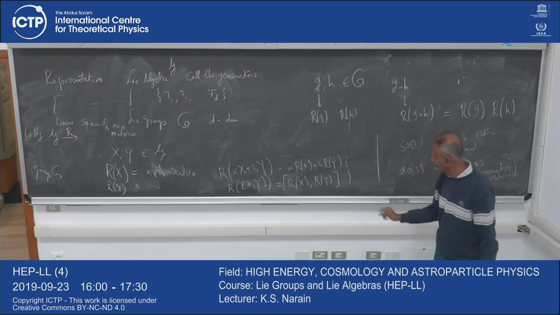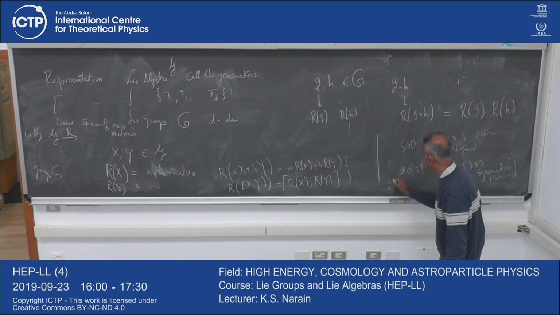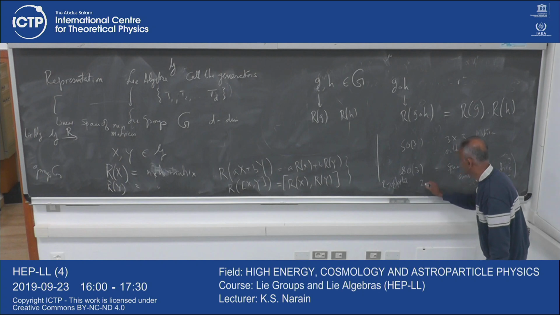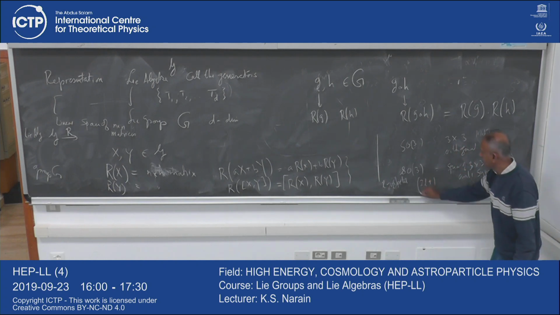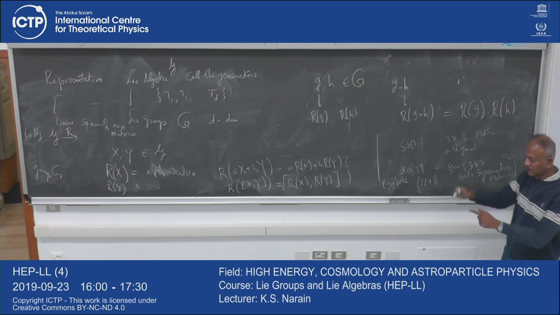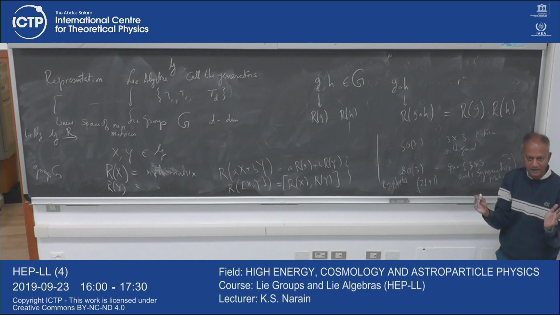Take orbital angular momentum L. Then this is a 2L plus 1 dimensional space, as you know from the quantum mechanics course. So this will be a 2L plus 1 dimensional vector, and the representation will act by 2L plus 1 times 2L plus 1 matrices.